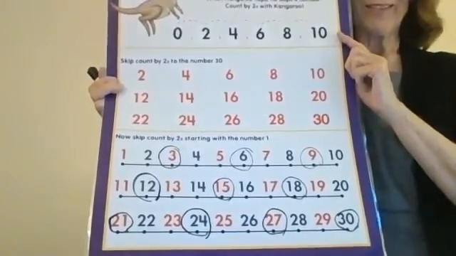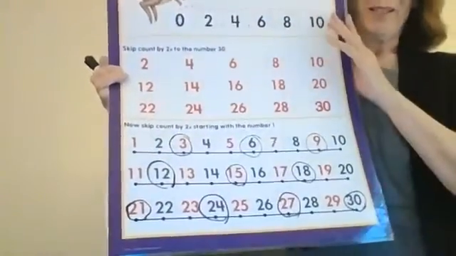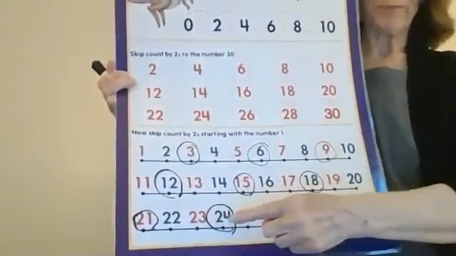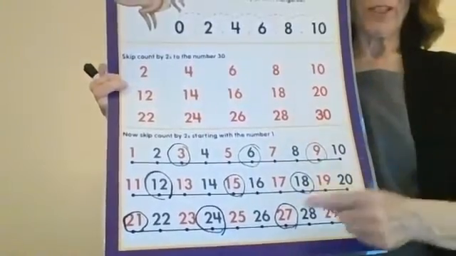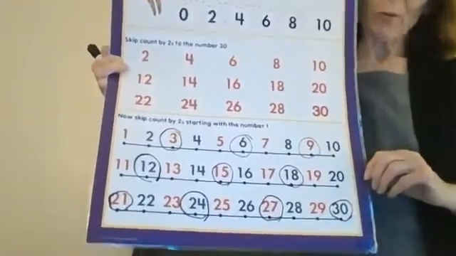Say it. Good. 3 times 7. Over here. 3 times 8. 3 times 9. And 3 times 10. You've just said your threes.